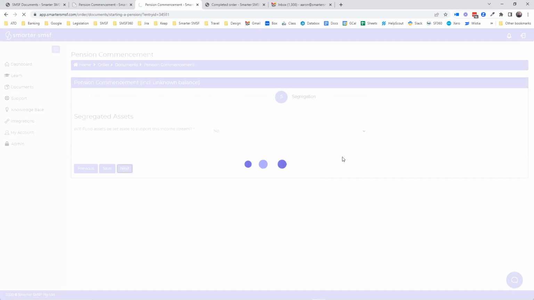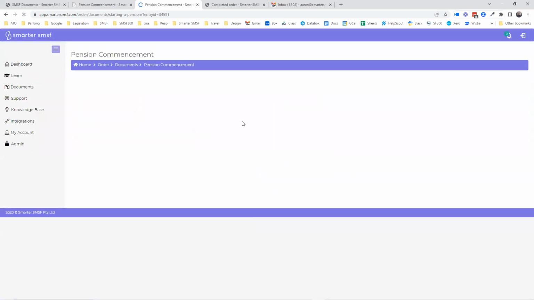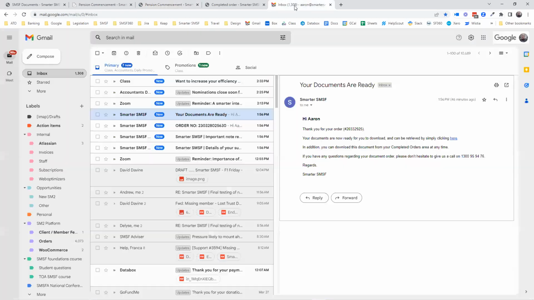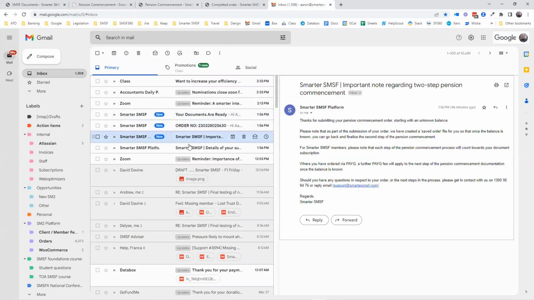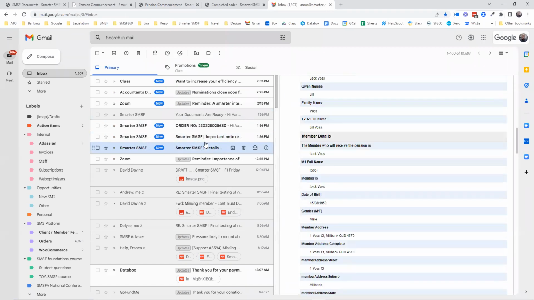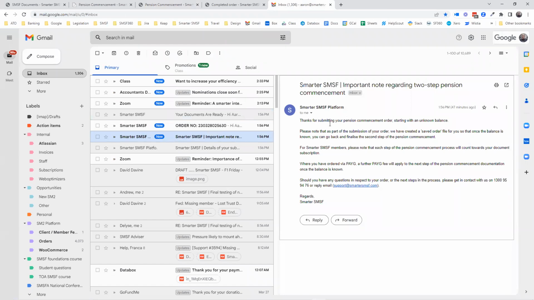Every order that you do, the last page is to review the information that you've got within the order. When you submit that order, you will also get emailed that reference information. So if I just go to my email, you'll be able to see here, not only do you get the order details, so you can see all that order that I had before, you'll also get the additional note: thanks for submitting with an unknown balance.